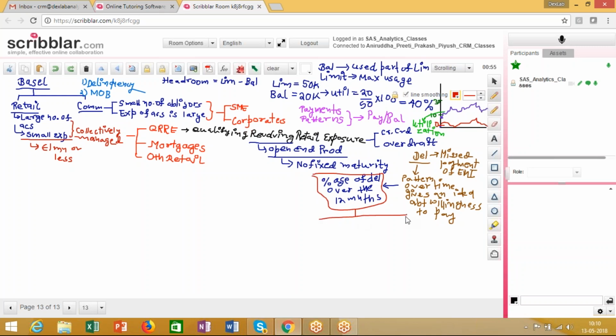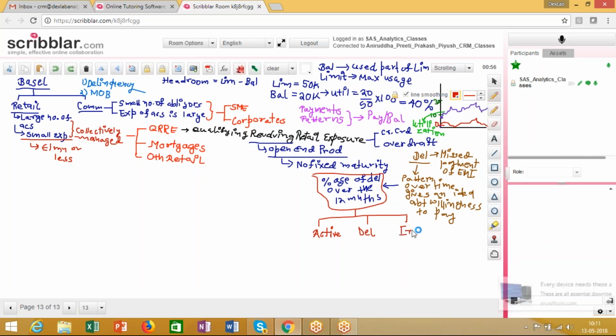One is active; when I talk about active accounts, I mean active non-delinquent accounts. The second is the delinquent segment, which is the risky segment. The third is generally the inactive segment.